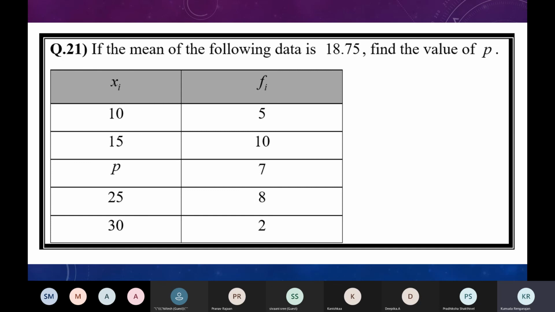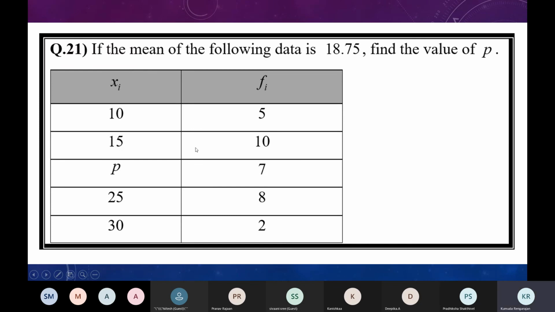If the mean of the following data is 18.75, find the value of P. The mean of the distribution is given to you, 18.75, and we have to find the value of P. P is this value which is missing here.